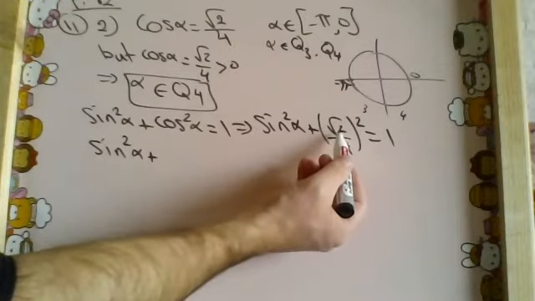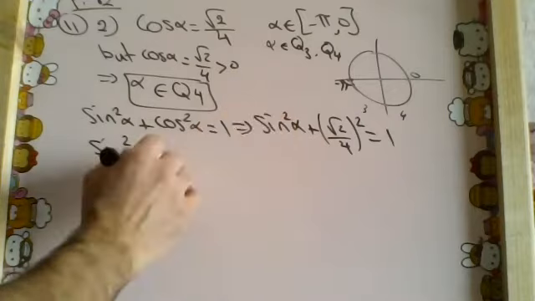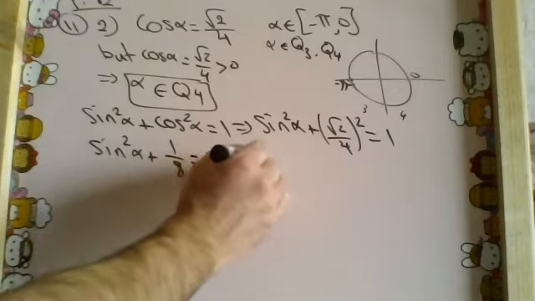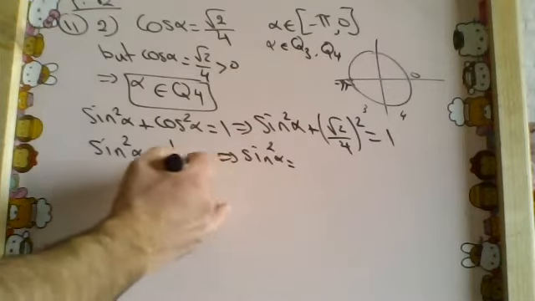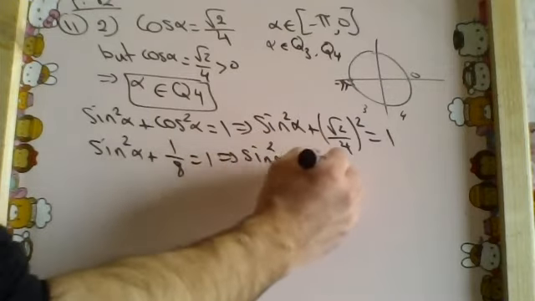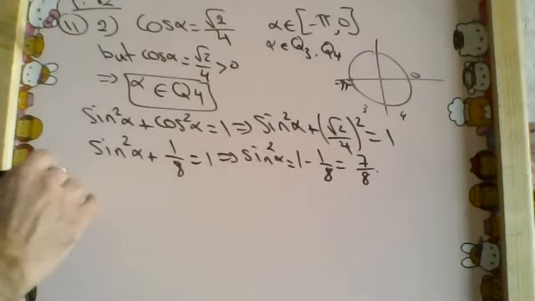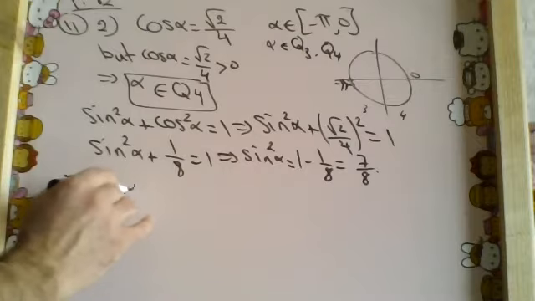Radical 2 over 4 squared is 2 over 16, which is 1 over 8. So sine squared alpha plus 1 over 8 is equal to 1. Then sine squared alpha is equal to 1 minus 1 over 8, which is equal to 7 over 8.